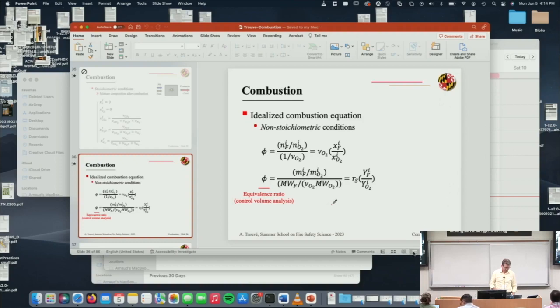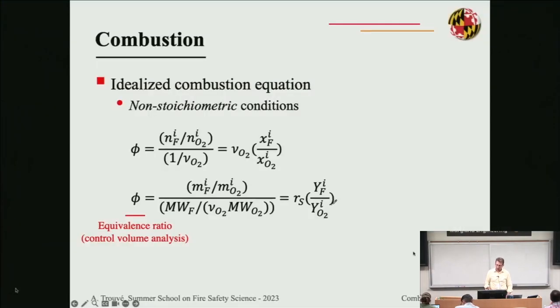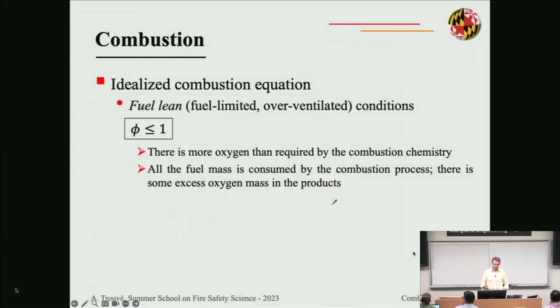This will allow you now to look at a wider range of problems with ease. In my control volume, I can have two conditions. This parameter phi, this global equivalence ratio, can take values below 1 or above 1. So the regime of values below 1 means that we have N_F over N_O2 that tends to be small.